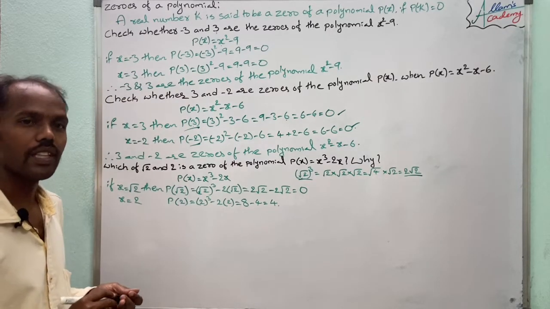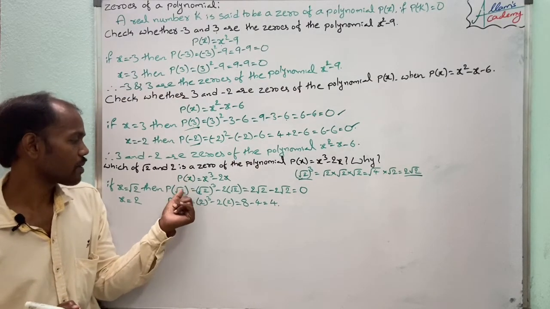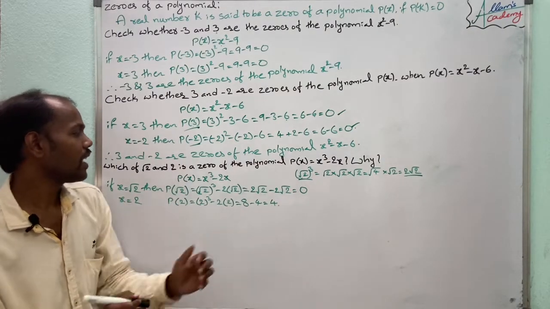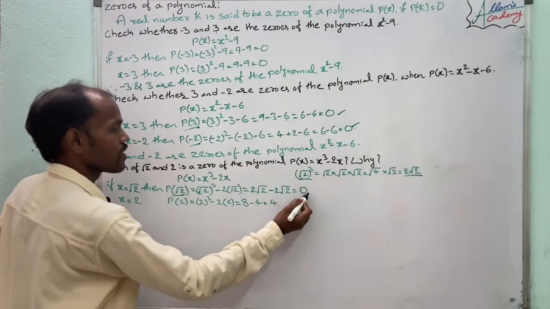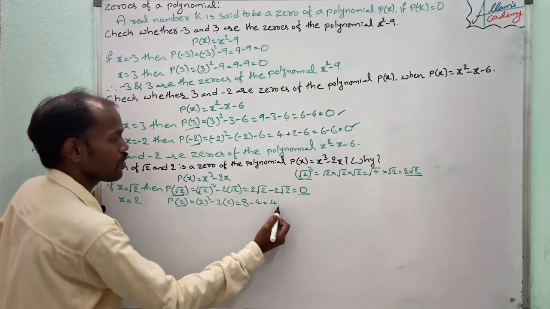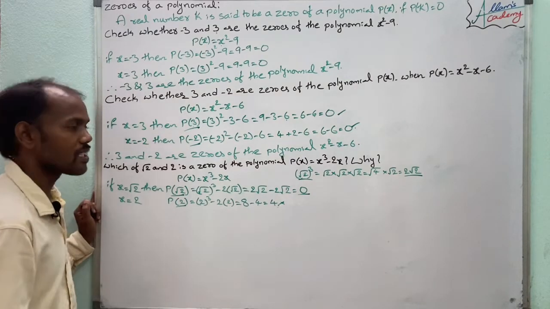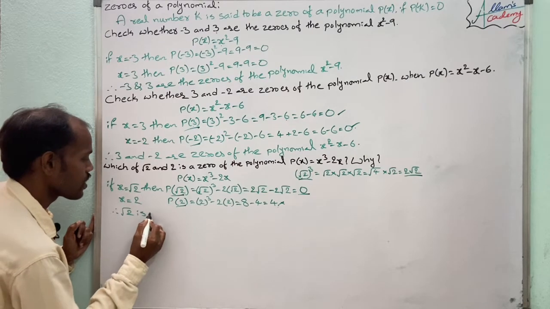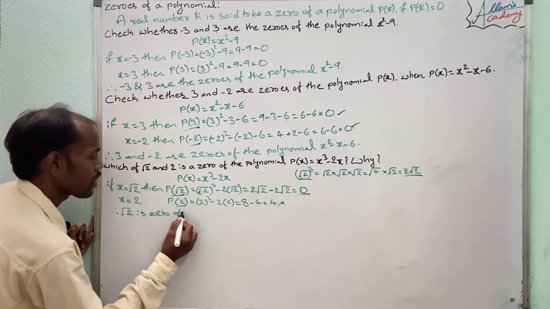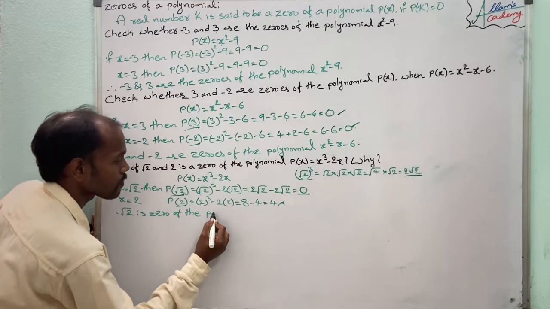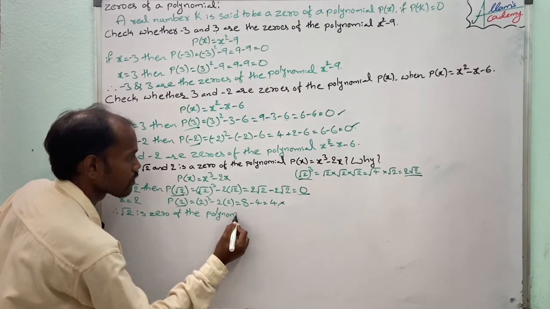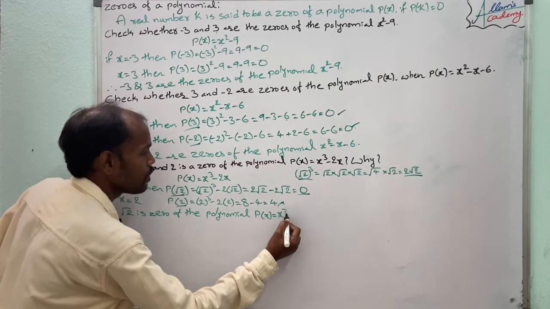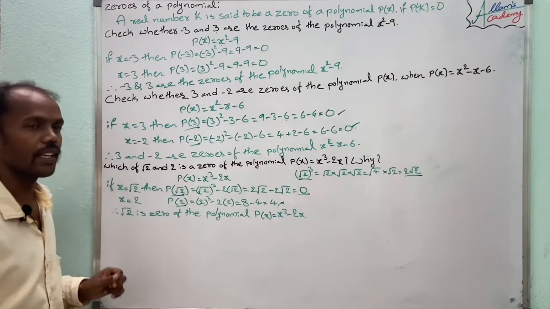Now here, with the values substituted in the place of x, when root 2 is substituted we get 0 only. When 2 is substituted we get 4. So it is not a zero of the polynomial. Therefore root 2 is a zero of the polynomial p of x equal to x cube minus 2x.